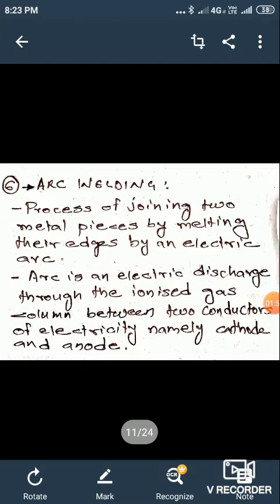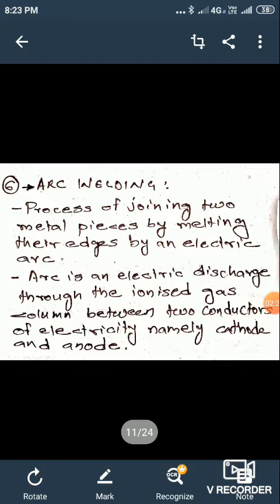The impact of these electrons and positive ions at high velocity onto the conductors liberates heat. The temperature of the arc is about 3870 degrees Celsius.